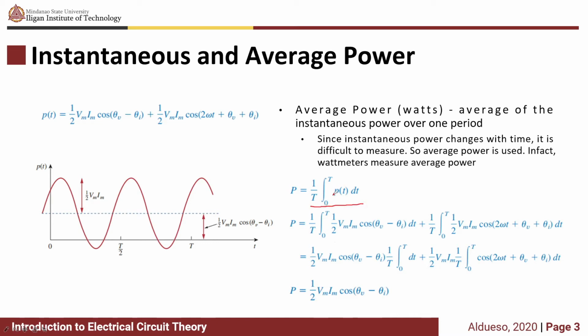We integrate the instantaneous power from 0 to T over one period. So substituting this equation into this integral, we have this line.